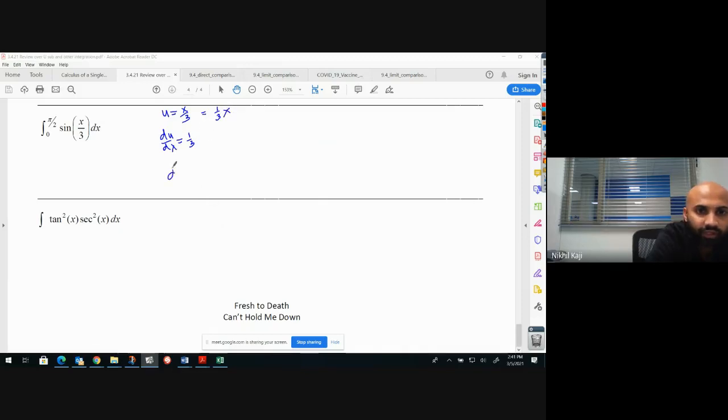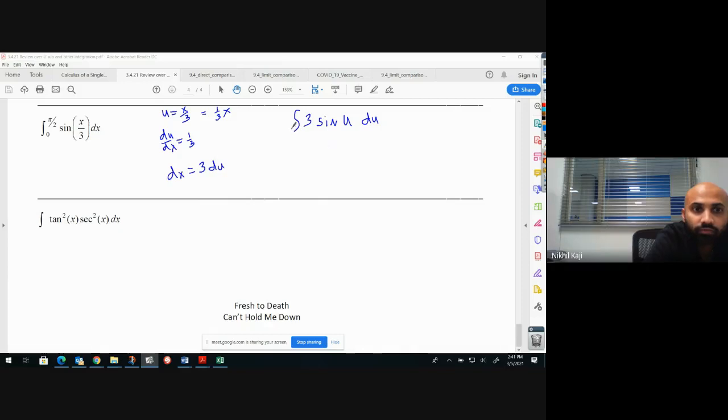So my derivative is just that, dx, cross multiply. If you do du divided by 1/3, you can, but it just ends up being 3. You know, when you divide by a fraction, it just means flip it. All right, so now I end up with sine u times 3 du. So I'll just put the 3 in front.